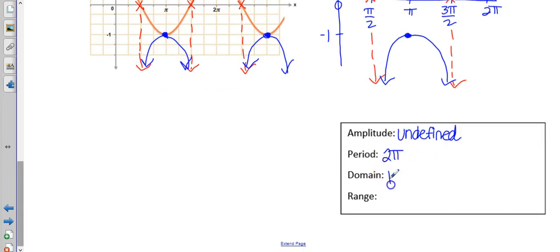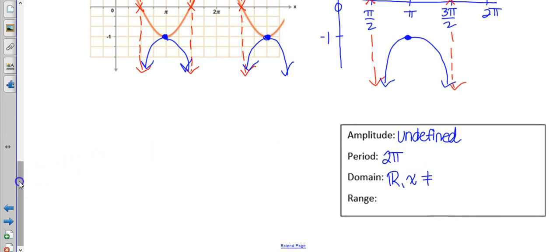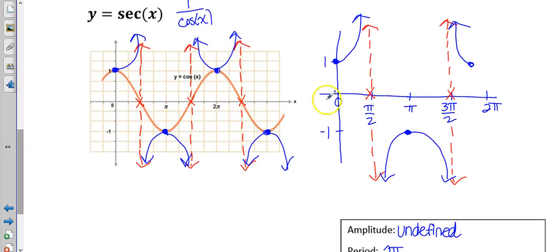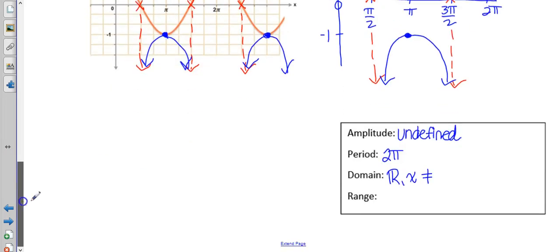Domain, all real numbers, x not equal to. Our very first asymptote is at pi over 2, and it takes pi for the next one to show up. So pi over 2 plus or minus pi n.